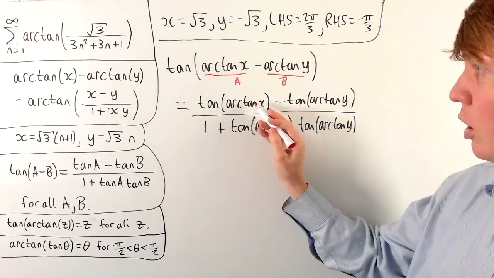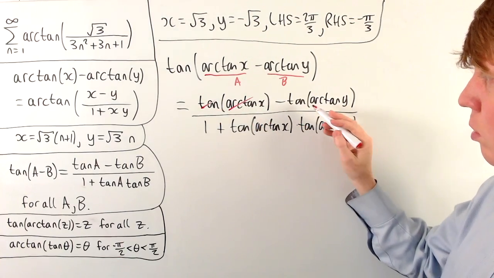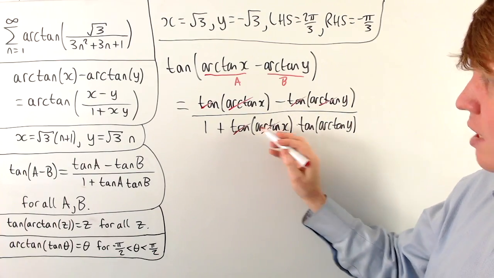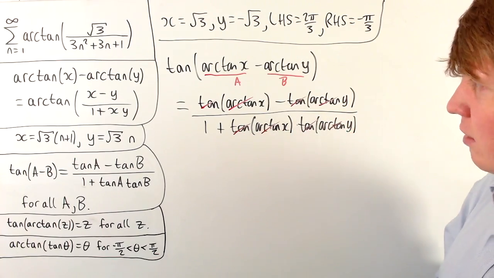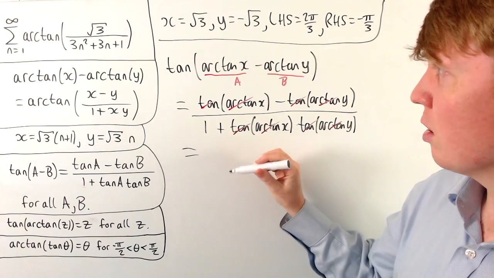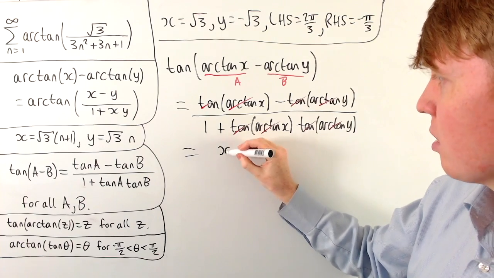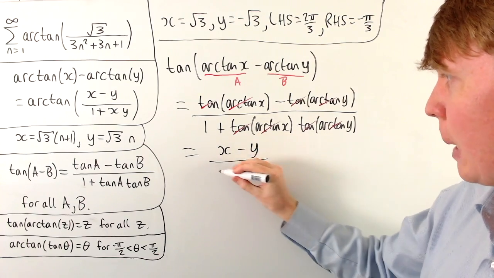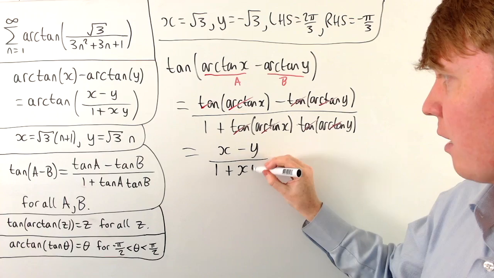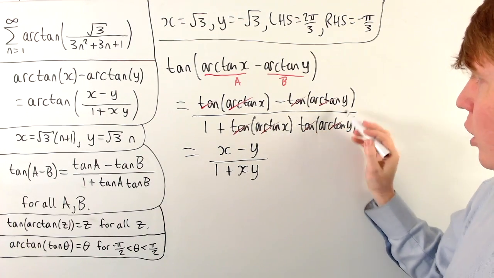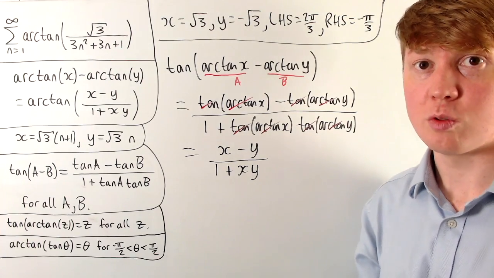So tan of arctan of x is just x, tan of arctan of y is just y, and the tan and arctans effectively disappear, so tan of our left-hand side is just equal to x minus y over 1 plus x times y.